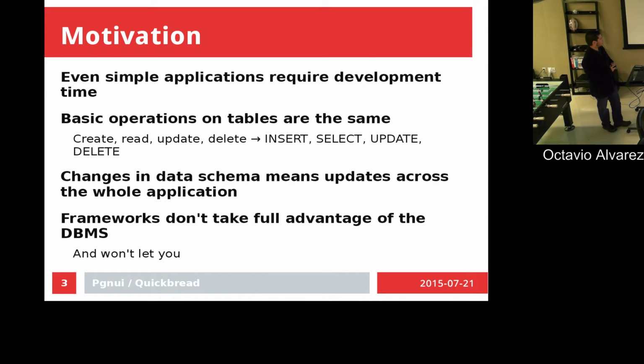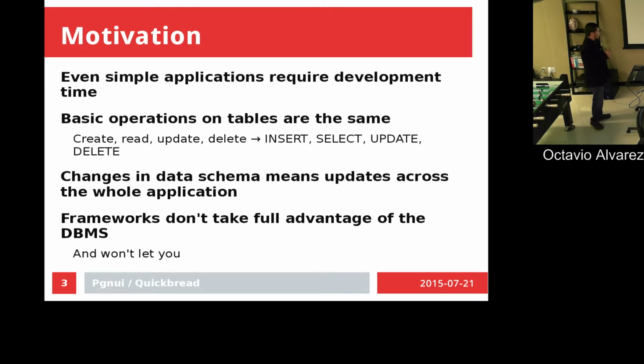And this means that you need to update your application. You need to make changes all over the code. Because if you want to keep using a framework and you regenerate your code, that code may be overwritten with new code and you need to port your changes back or something.